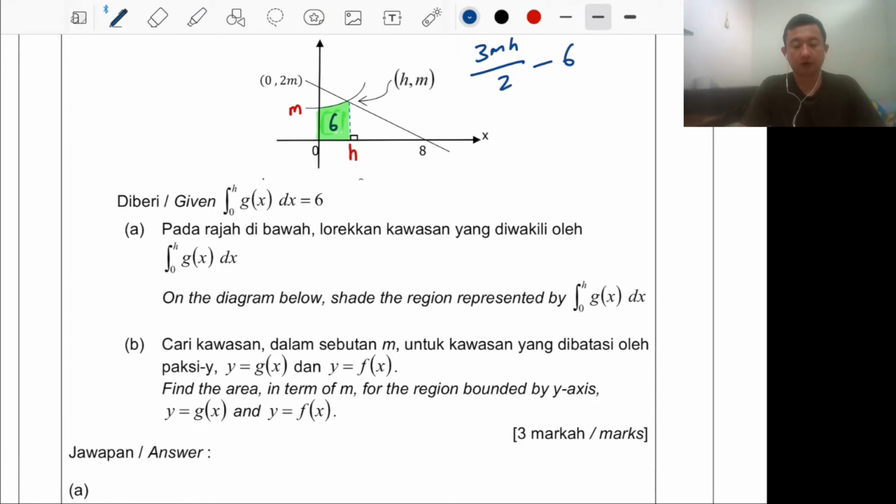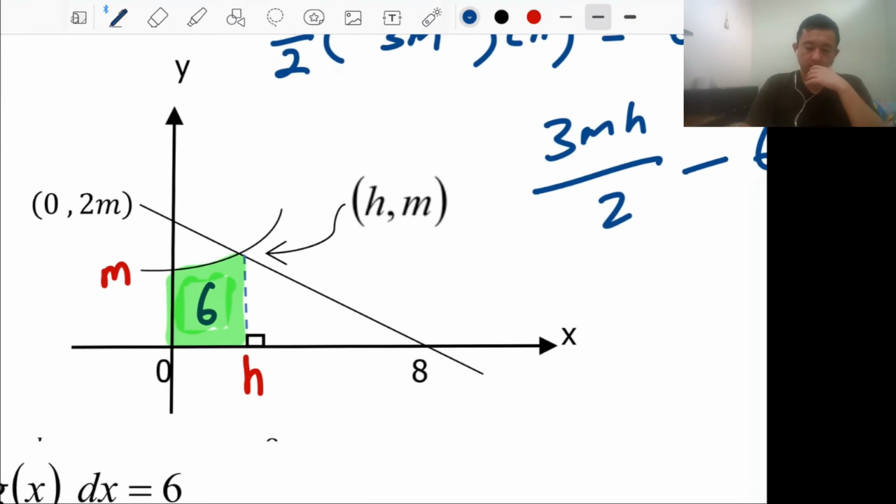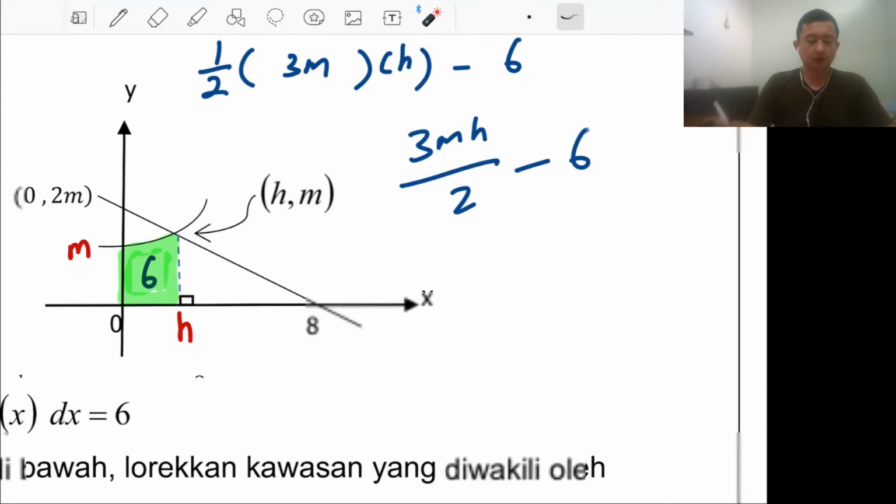The gradient of a straight line will be the same as the gradient of the triangle. Okay, there's a straight line here, so we can do something with the gradient.